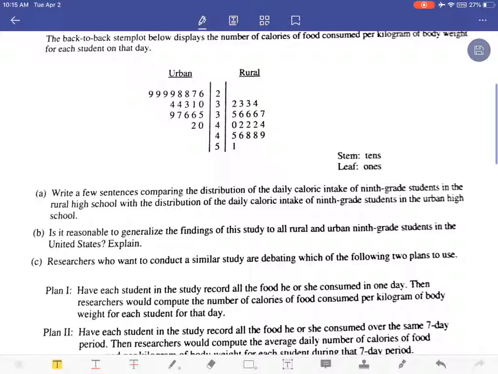So that way we're including different types of rural communities, because rural could be up in the mountains, it could be out in the desert, a lot of different factors that could influence their calorie intake. And then same thing with urban. People in the city in New York City could eat a lot different than people in Los Angeles.